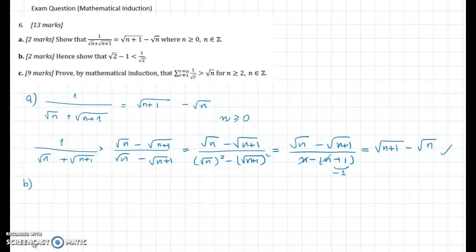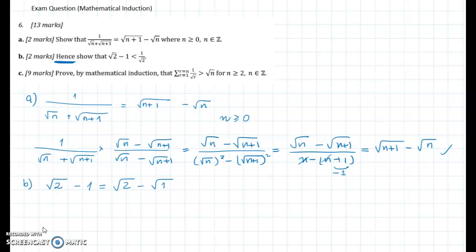Now for part B, there is an inequality that we want to prove, and the question states, hence show that. This hence is saying that to prove it, we have to actually use part A. If you look at the left-hand side of the inequality we're trying to prove, square root of 2 minus 1 is actually square root of 2 minus the square root of 1.